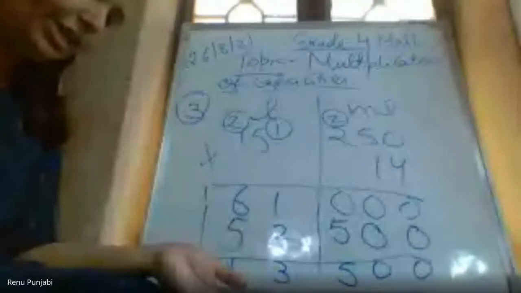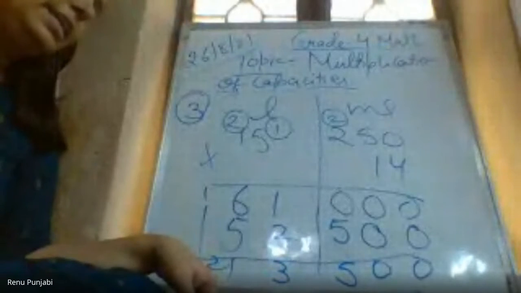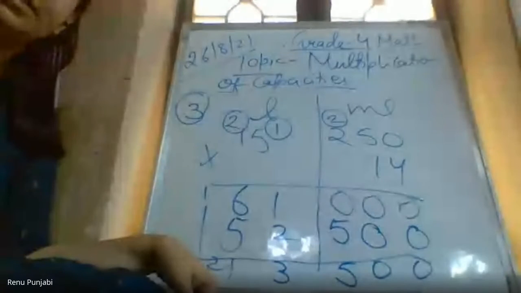No, just check. Check. Ma'am, it's the right answer, 15 multiplied by 250 multiplied by 14. Your answer will be this. Acha. Am I clearly visible to you? 213 liters, 500 milliliters.